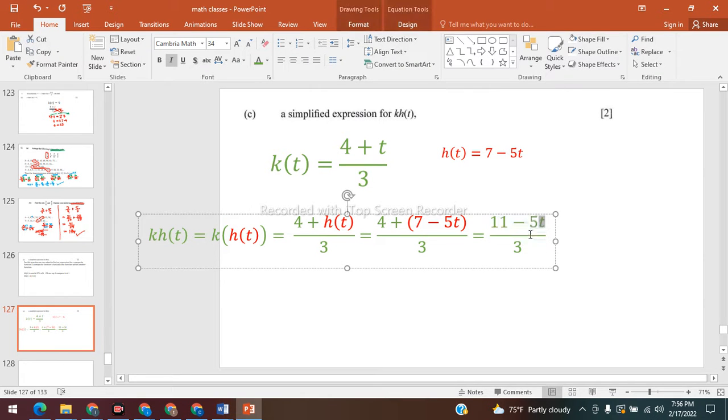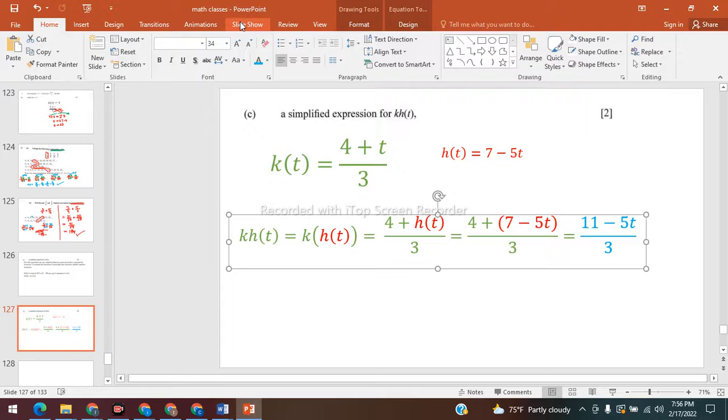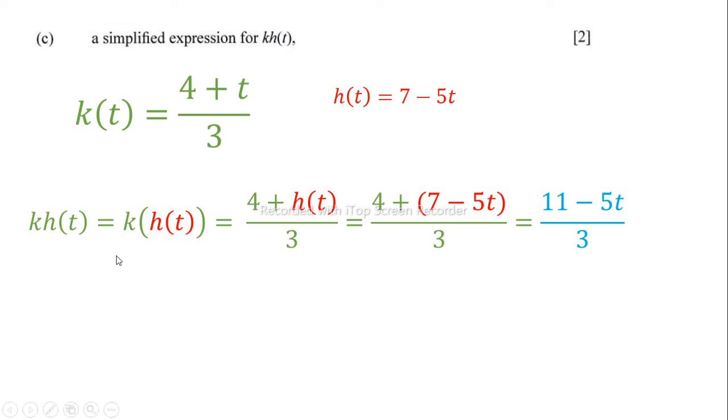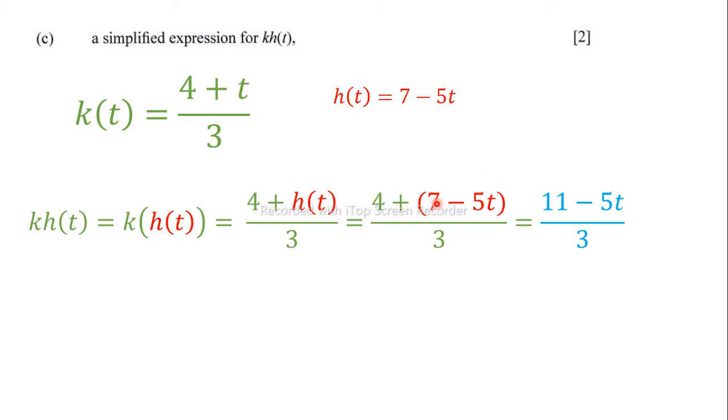Mr. T, they're confused about why you did that. Are we supposed to deal with the numbers inside the bracket? Okay, what are the numbers inside the bracket? 7 and 5t.